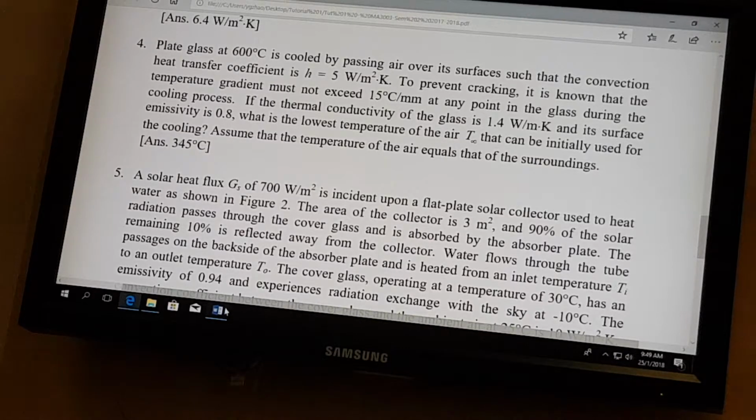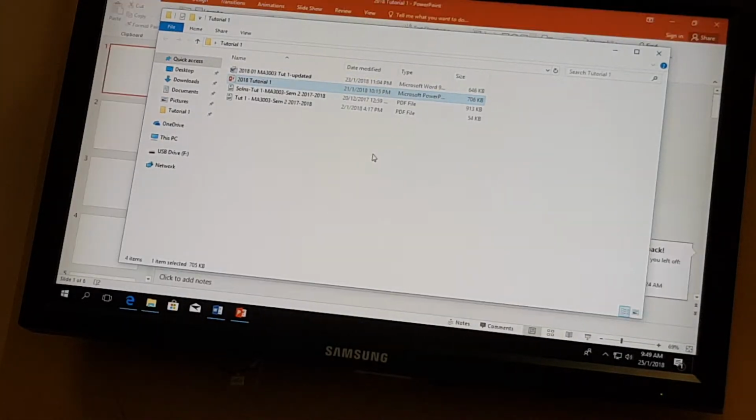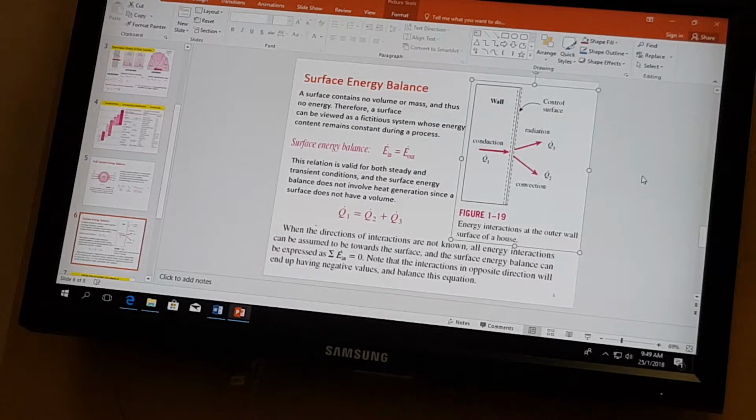This problem is exactly the same as this one, just the glass plane: you have two surfaces. For each surface, you at the end have conduction equal to the applied surface energy. For the actual question, you have two surfaces, conduction equal to convection plus radiation. That's that.